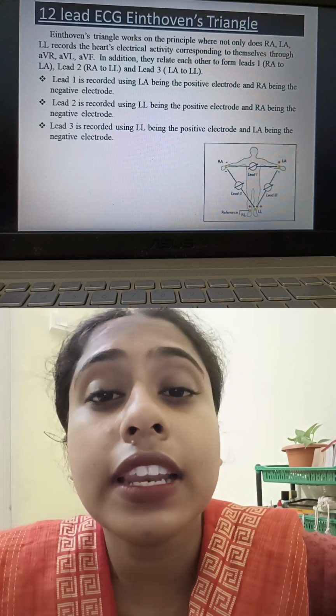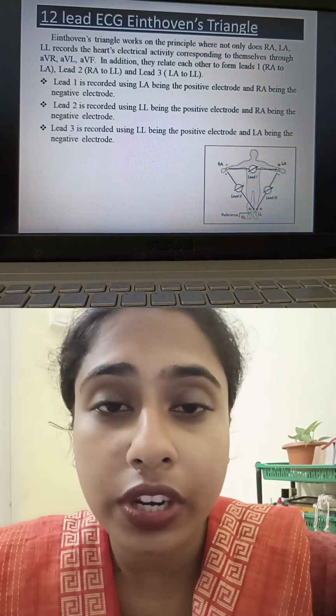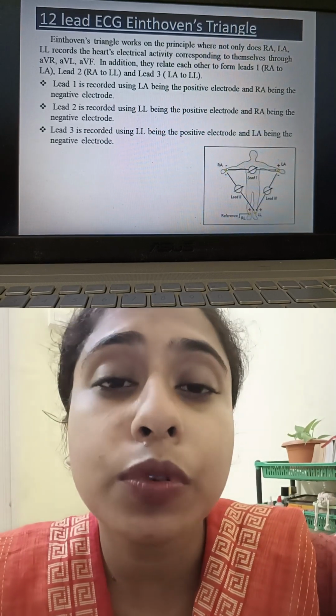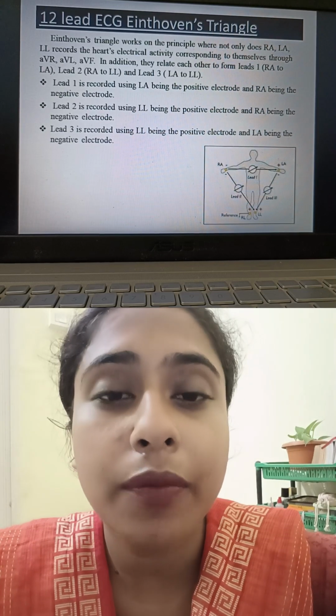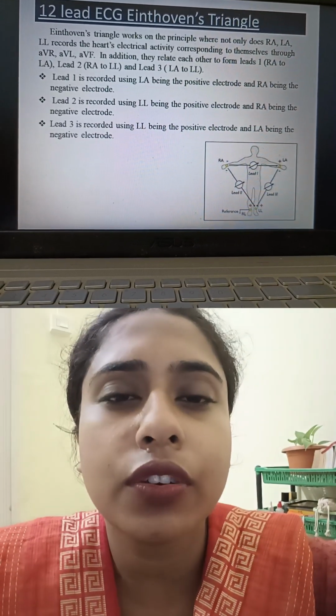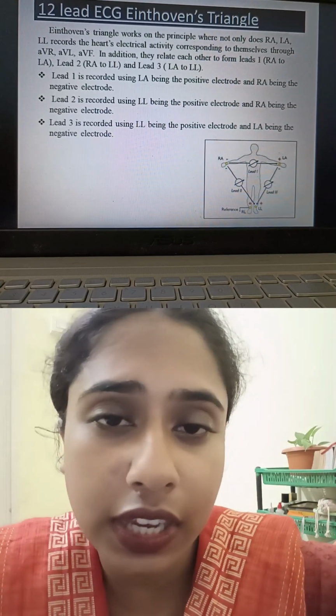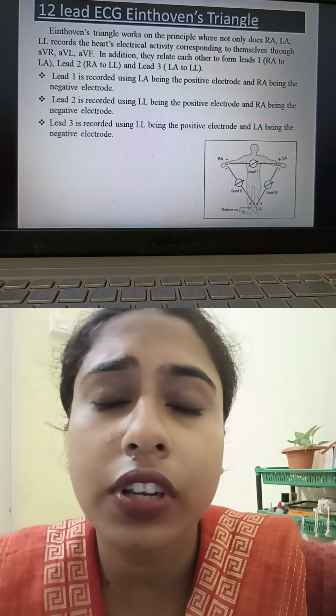Those are limb leads. So these leads help to measure the electrical activity of our heart by this Einthoven's triangle. In Einthoven's triangle we have positive and negative electrodes.